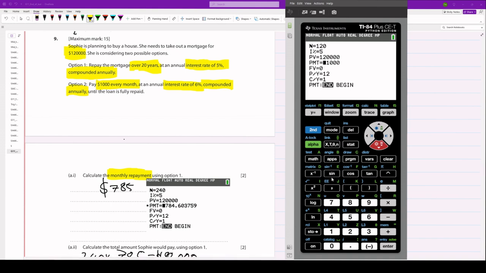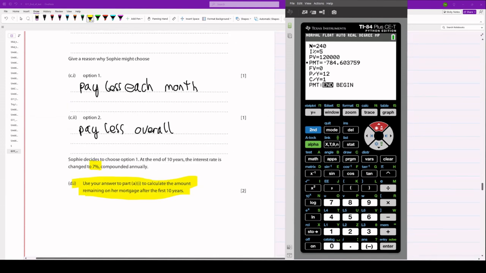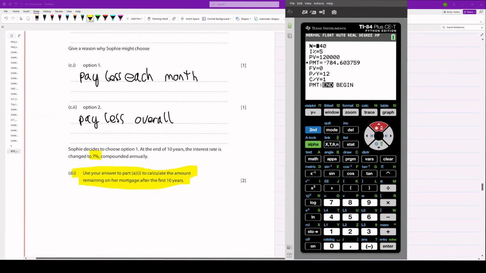Payment, I don't quite trust it. I'm going to work it out again, I think, actually. Present value is this. So there we go, that much. So this is how much I pay every month, $785.